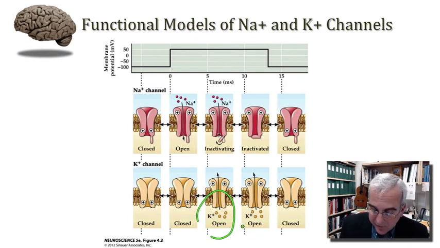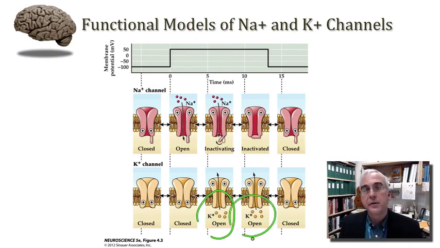There is no inactivation gate, at least on this particular type of potassium channel. So these channels are going to continue to remain in their open configuration, provided that we continue to depolarize this membrane, in this case with the voltage clamp experiment.